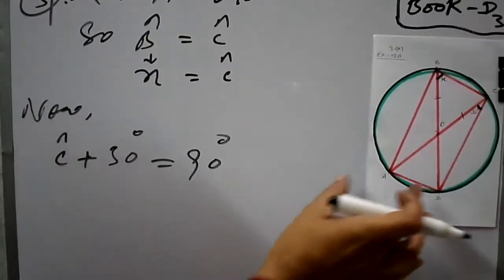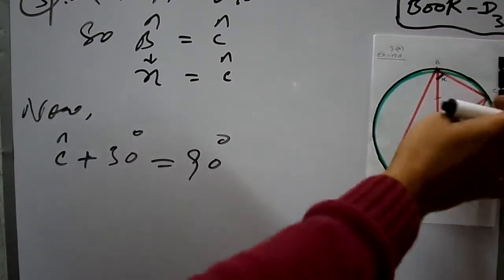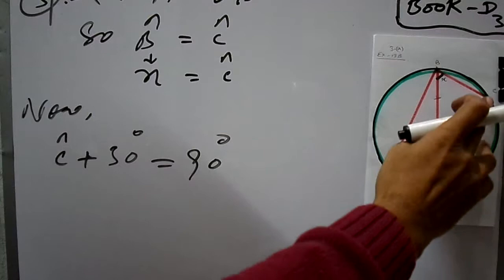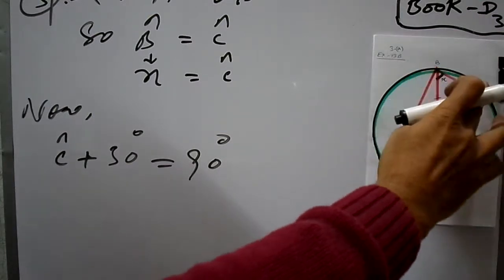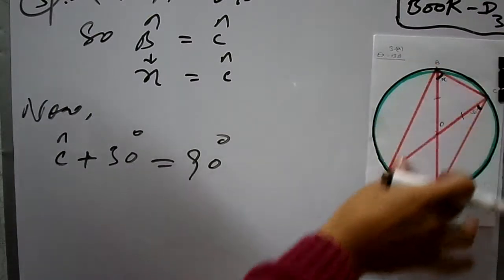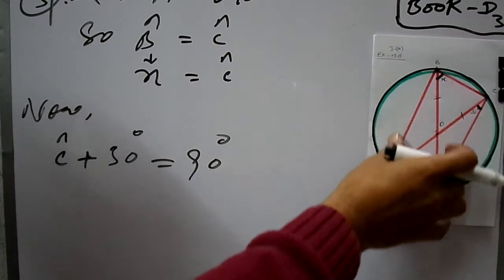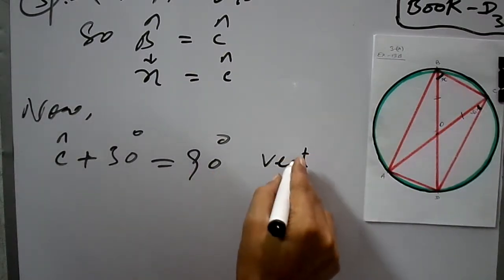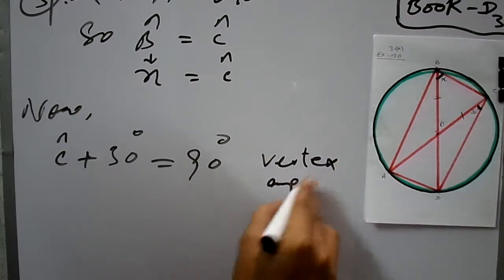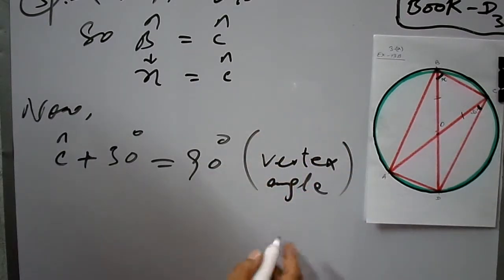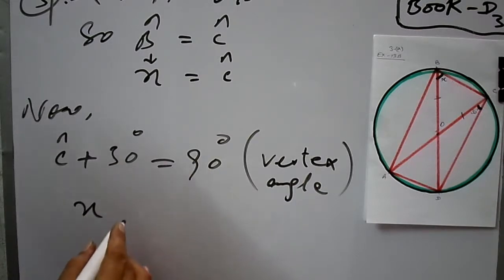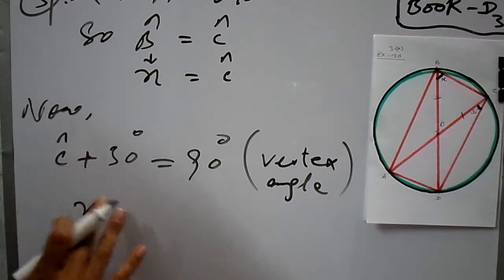That is the vertex angle of a rectangle, because every angle is 90, 90, 90, 90. So it is known as the vertex angle of a rectangle.